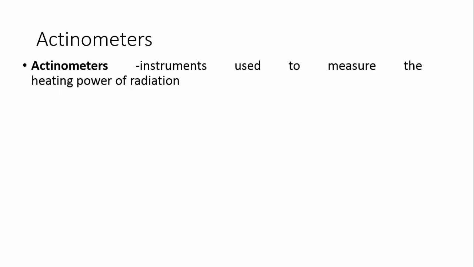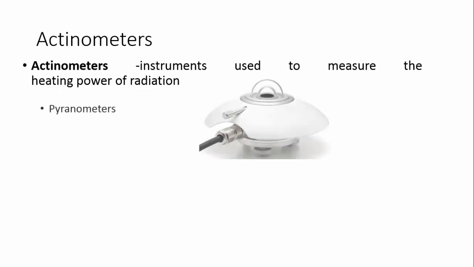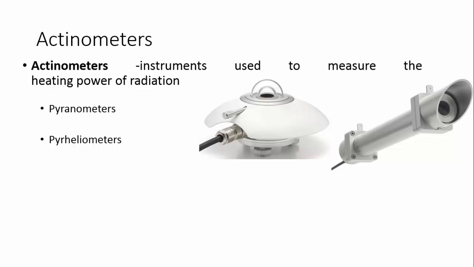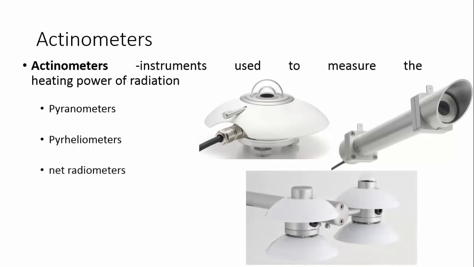For measuring that heat which is produced by the radiation, we need actinometers. Actinometers can be classified into some categories. One is the pyranometer, another one is the pyrheliometer, and the last one is the net radiometer. These are the three types of meters that we are going to see here.